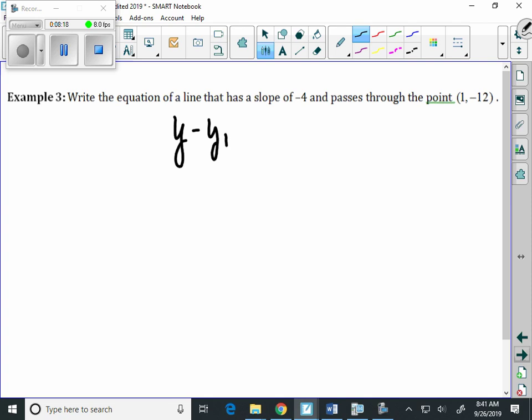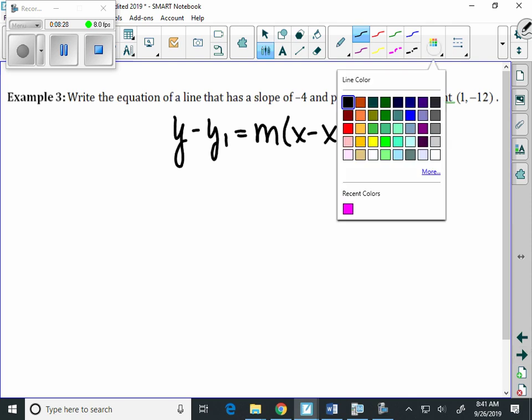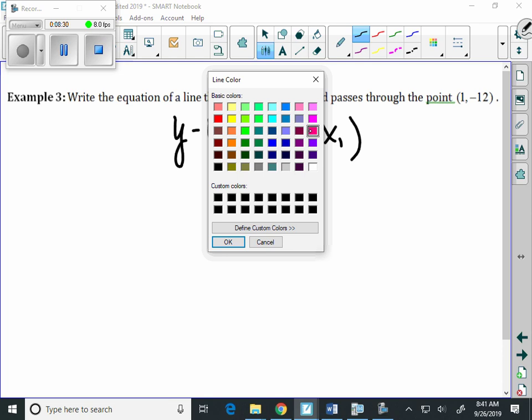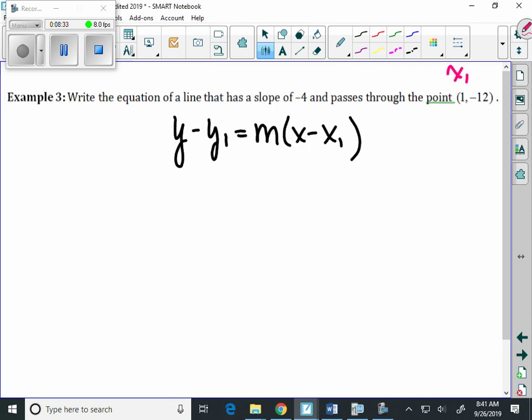We're going to have to write the equation of a line that has slope of -4 and passes through the point 1, -12. Well, again, we look at these points here. Here's x1 and here's y1. Ordered pair, x, y. -4 is our slope, and we fill in those values. y1 is -12. m is -4. x1 is 1.